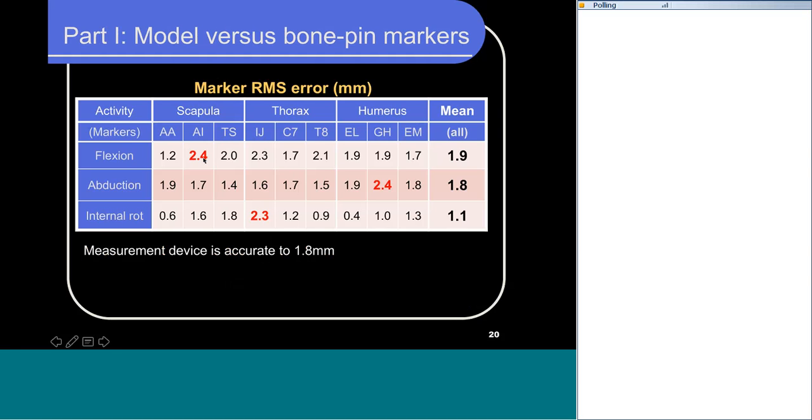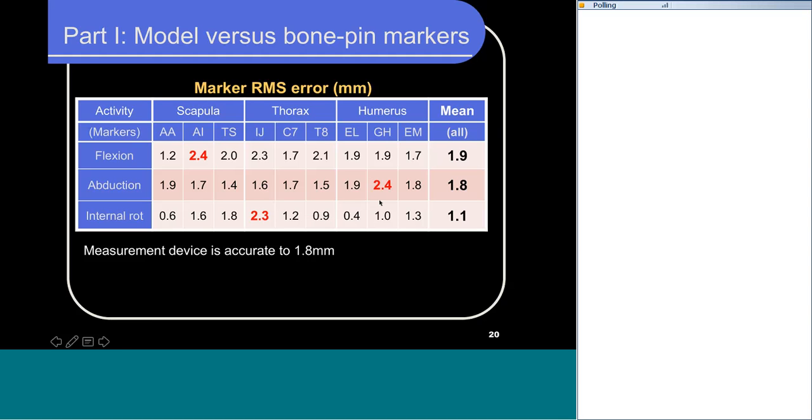For flexion, we see that in the inferior angle marker, in abduction, we're seeing that in the glenohumeral joint center, and then internal rotation, we see that in one of the thoracic markers, which is the top of the sternum, the notch in the sternum marker.